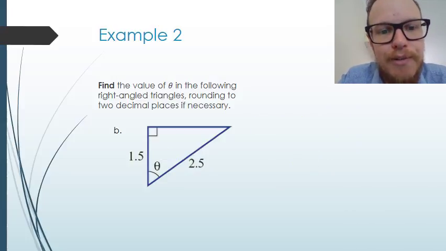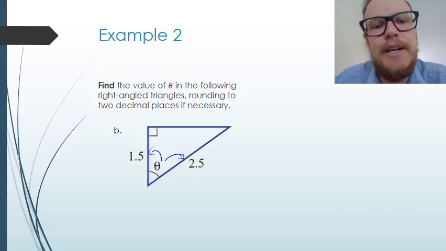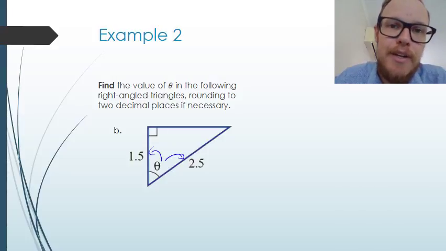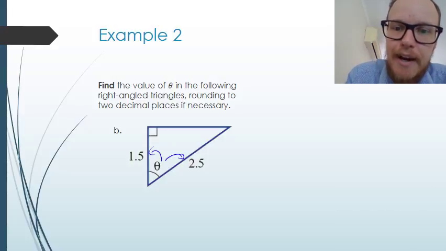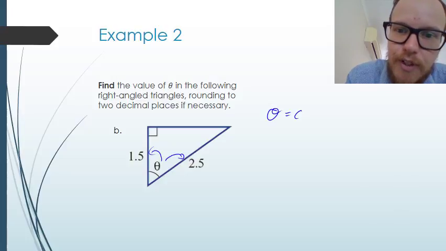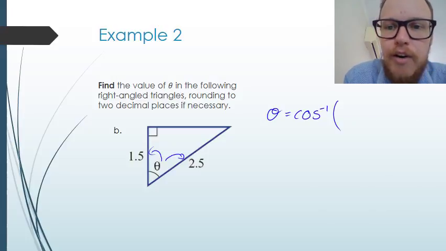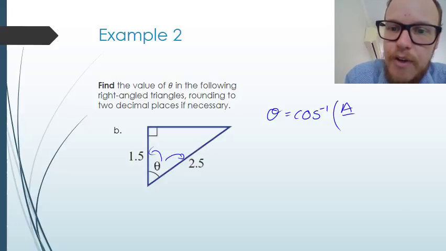Looking at our next triangle now, we've got our adjacent side here and our hypotenuse. So that means we're going to need to use our cosine function. So theta is going to be equal to inverse cosine of our adjacent over hypotenuse.